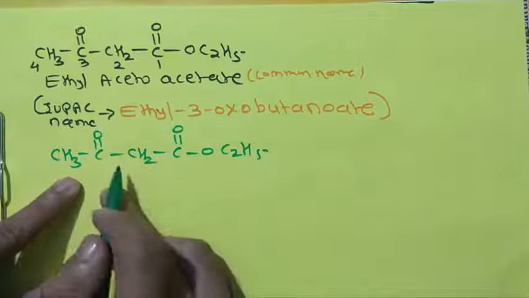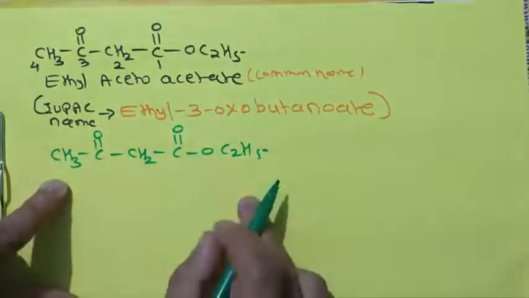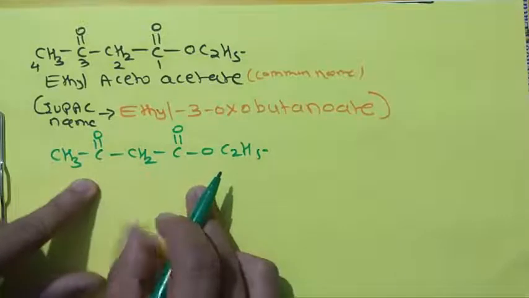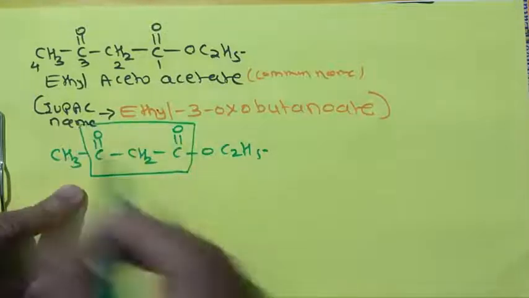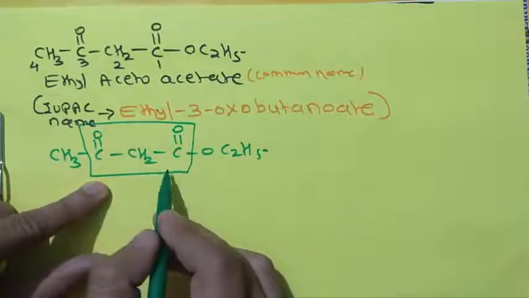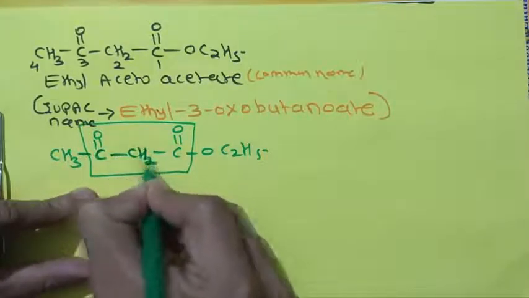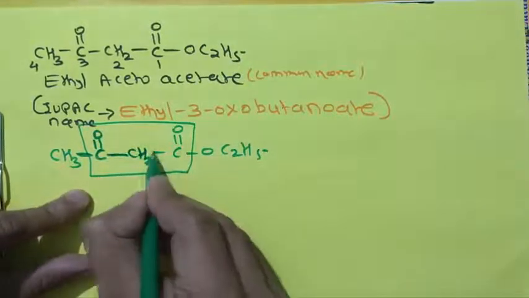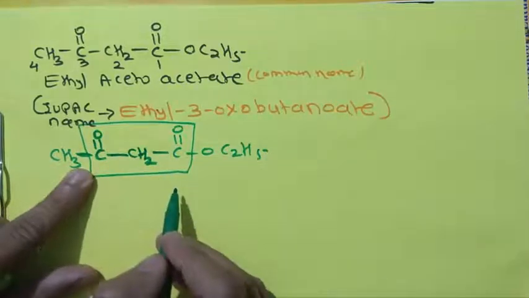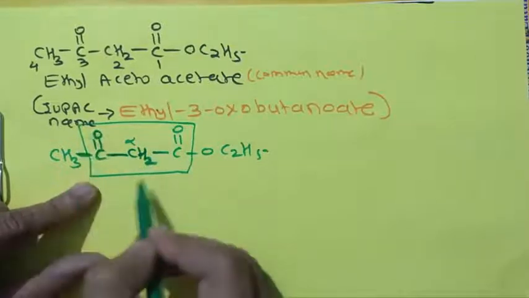While I am doing the mechanism of keto-enol tautomerism, I cannot write this whole structure, because we have to see only where the reaction can take place, which is between this CH2 and the carbonyl. The tautomerism can take place only from this CH2, the alpha position carbon atom, and the carbonyl oxygen atom.